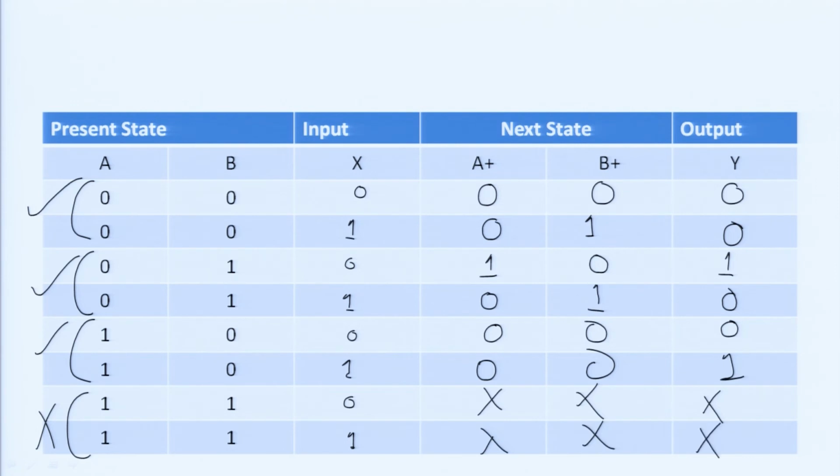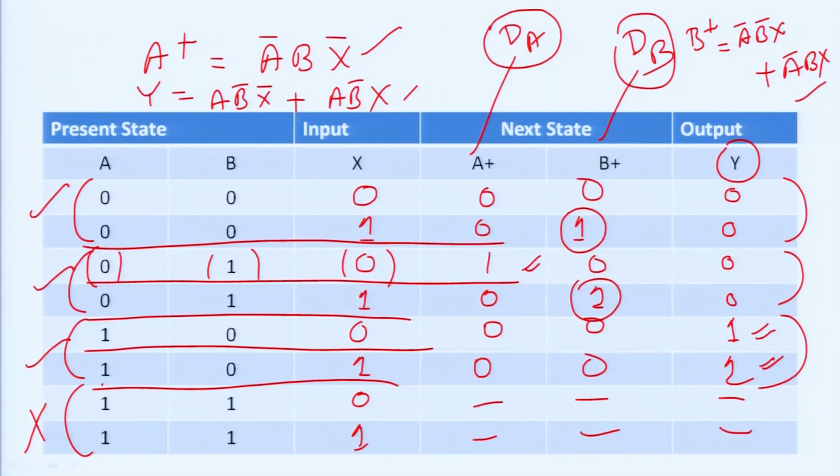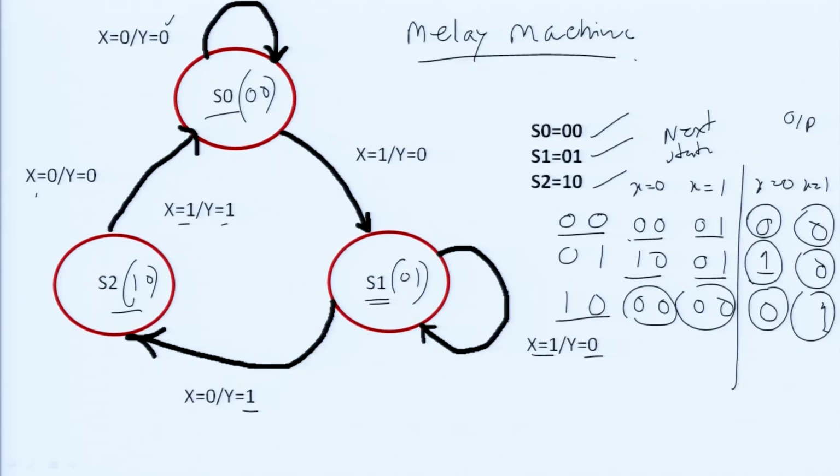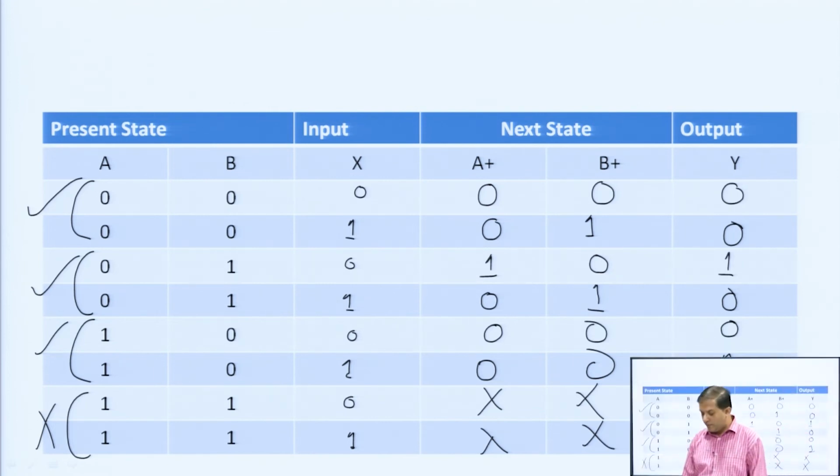So, this is the only difference between Mealy and Moore circuit. Here I have told you, for Moore circuit if the state is not given, put a dash or 0, but in Mealy circuit we are using cross, do not care, instead of dash or 0. This is the main important thing you have to remember.